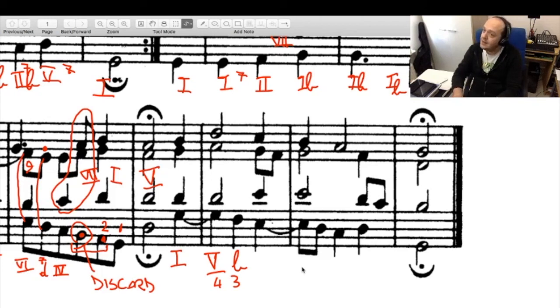4-3 suspension in the bass. Okay, next is chord 4, C major. Do, mi, sol. Yeah, that's chord 4. First inversion.